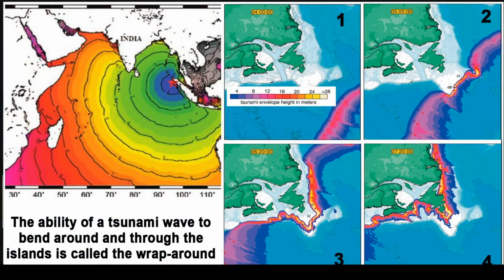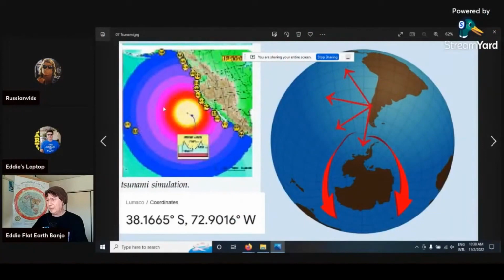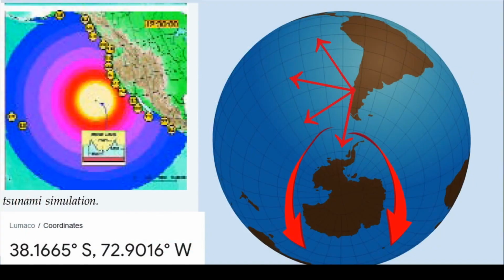Just remember that with a tsunami, the energy spreads equally to all regions, all right? So what we don't have is a tsunami that wraps around Antarctica. Never in history has a tsunami been recorded wrapping around Antarctica. So why is it? I'll show you why.